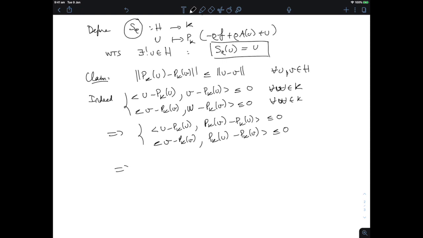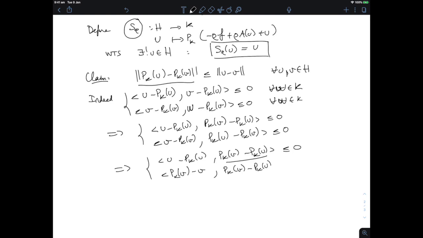Now let's put that in the right order. ⟨u − P_K u, P_K v − P_K u⟩ is less or equal than 0. I'm trying to get this quantity here, which is what I want to control in my claim. And here let's multiply both by minus 1, and I get P_K v minus v, and here I get P_K v minus P_K u.